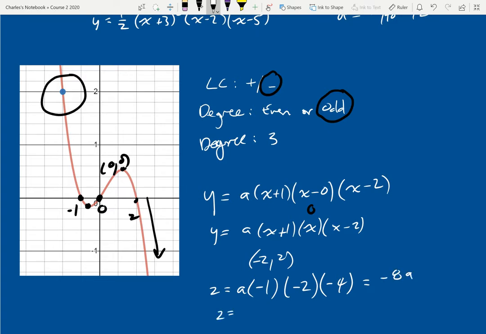So 2 is equal to -8a, which means a is equal to -1/4, which means the equation is going to be y is equal to -1/4 times x plus 1 times x minus 2. Okay, ready for the last one?